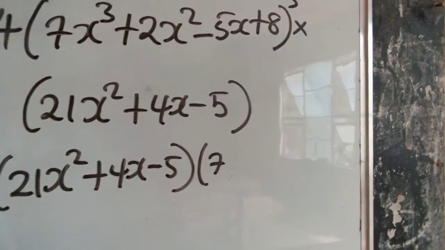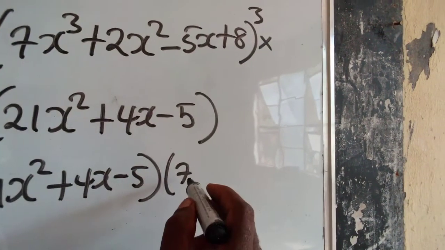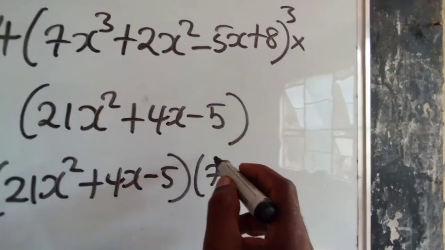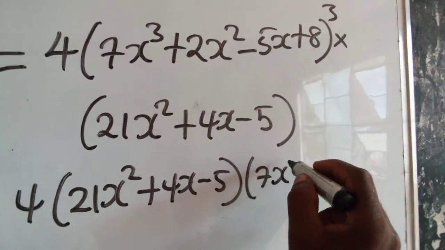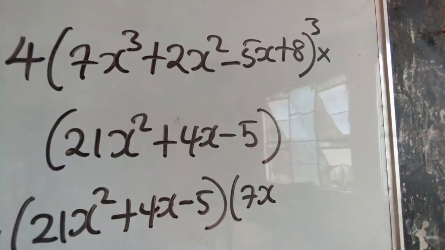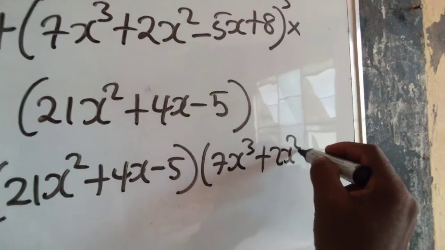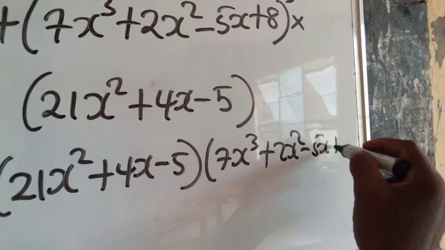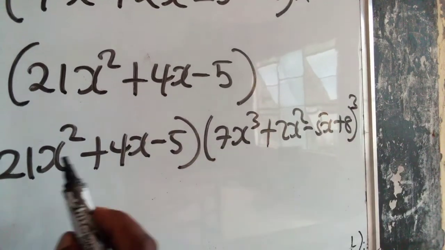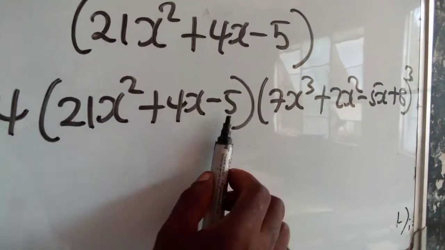You can't open that one unless you use the Pascal's triangle method, that is binomial expansion. So you have to multiply into 3 places. So you have this plus this minus 5s plus 8 raised to the power 3. This one you expand. You can open this bracket.